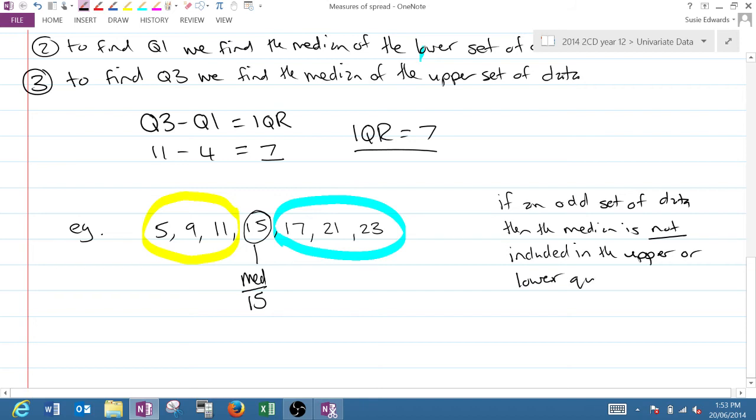And that's the only bit which is different. You should be writing this down.